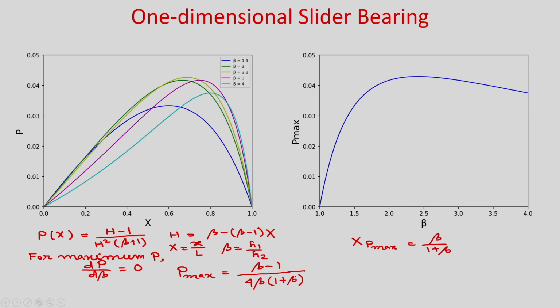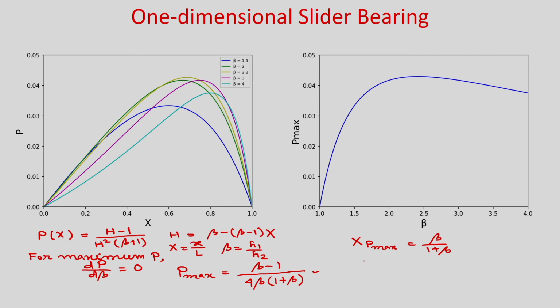Now, if you want to find P max versus beta, so now this we are plotting. Okay. So, we are varying the taper ratio from 1 to 4, obviously 1 is parallel surface. So, you can see this P max gradually increases, then it becomes maximum, then again decreases. So, with increasing beta you can see that after getting an optimum value it decreases.